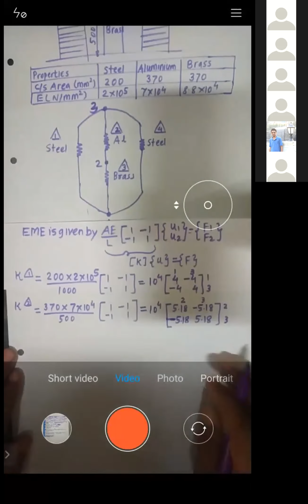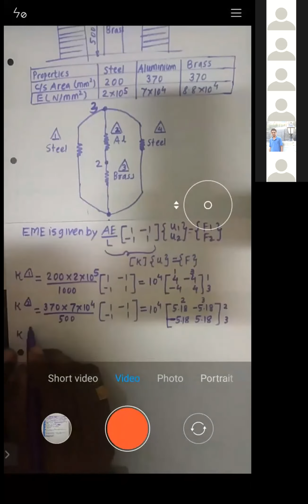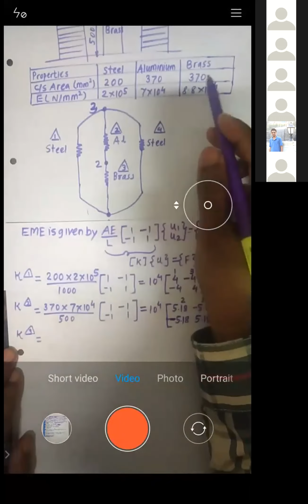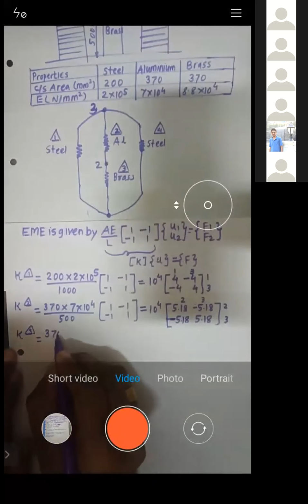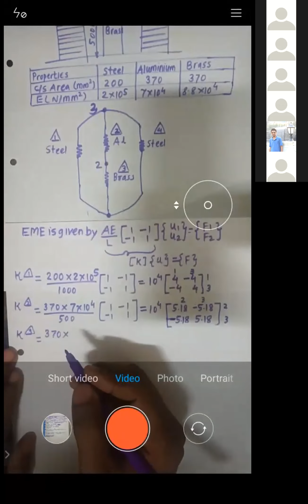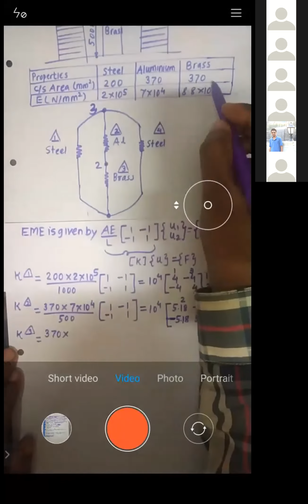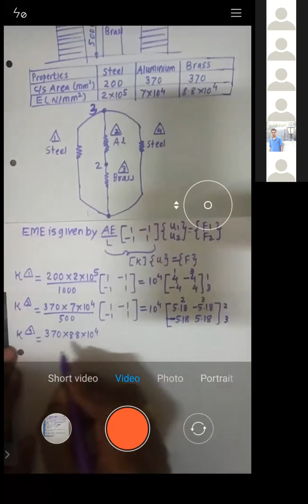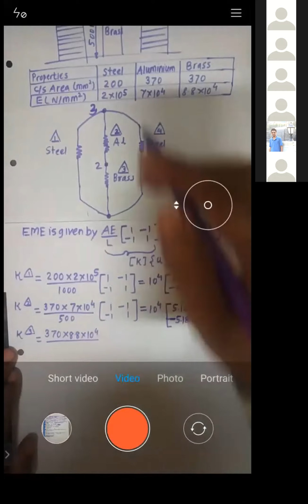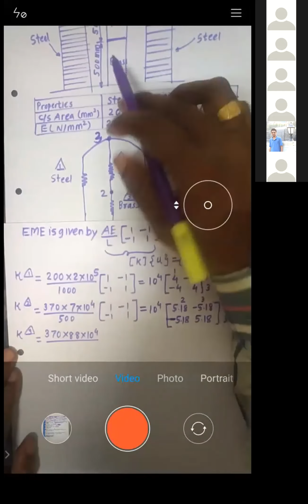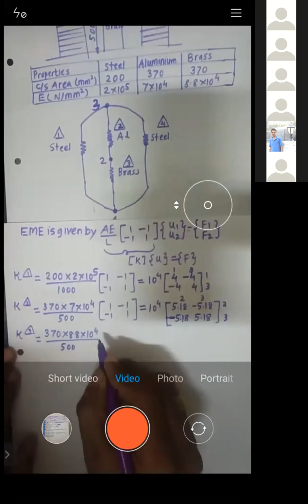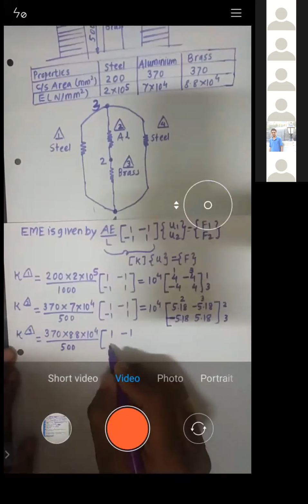Next, you go for the stiffness matrix of element number 3. It's brass, right? So what is the area of brass? 370. Into what is E of brass? 8.8 into 10 raised to the power 4, upon the length of the brass, which is 500, into 1, minus 1, minus 1, 1.